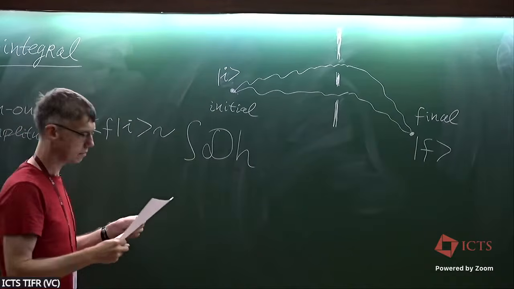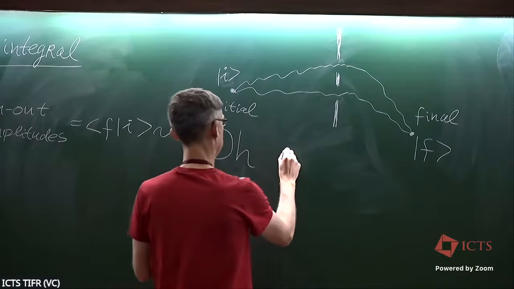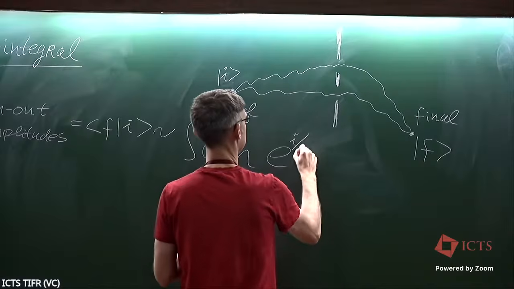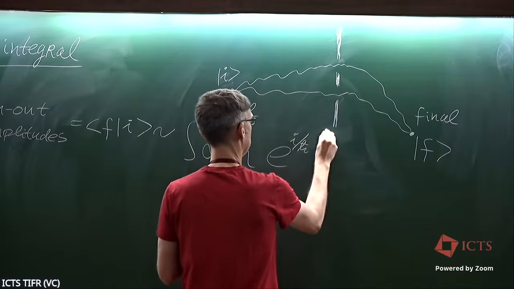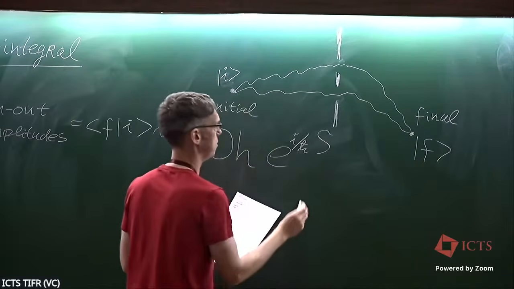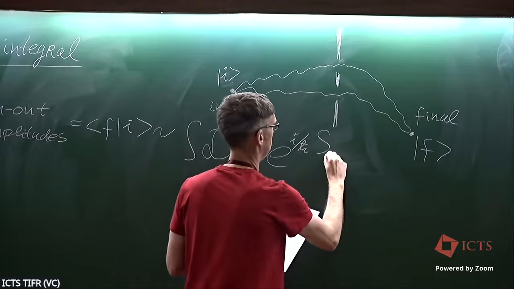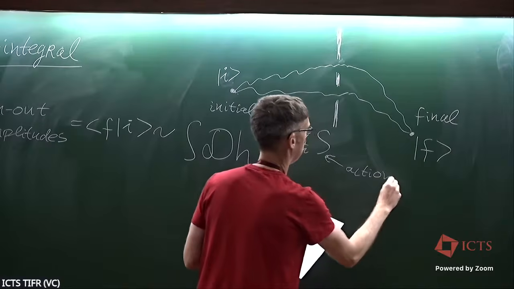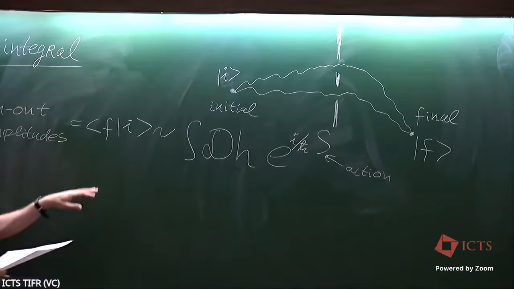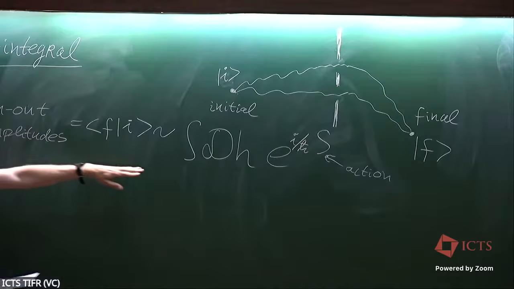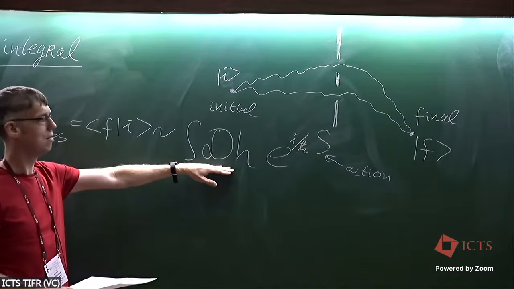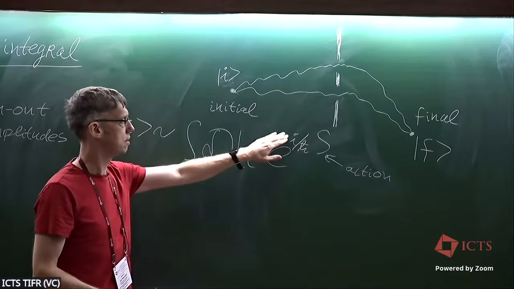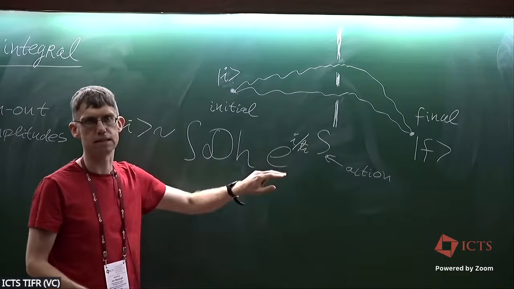And the integrand is e to the power of i divided by ħ times S, the action. So this is basically the path integral. It's a formal integral over all field configurations, and the integrand is e to the i over ħ times the classical action.